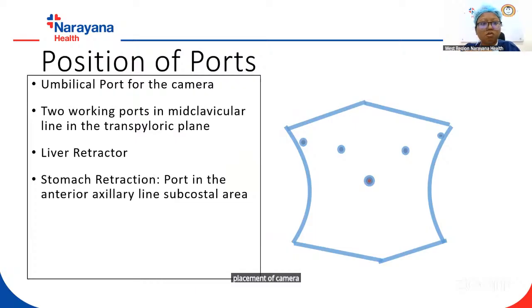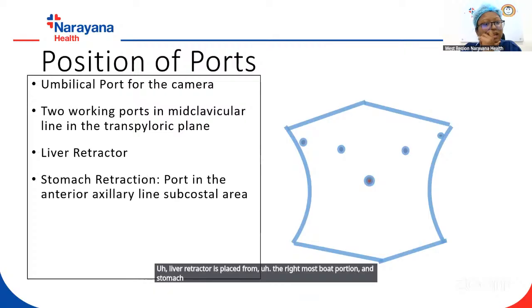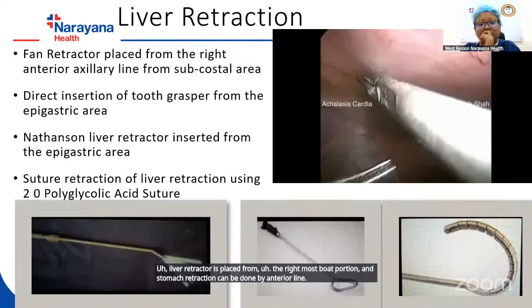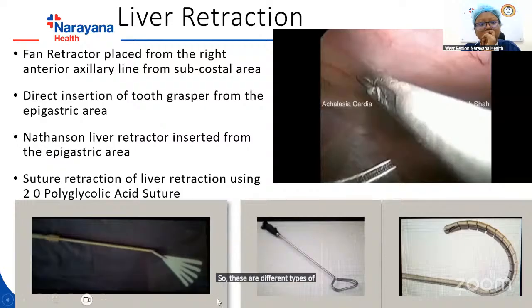Working ports are in the mid-clavicular line on both sides. Liver retractor is placed from the right-most port position, and stomach retraction can be done by the anterior axillary line. These are different types of instruments used for liver retraction.